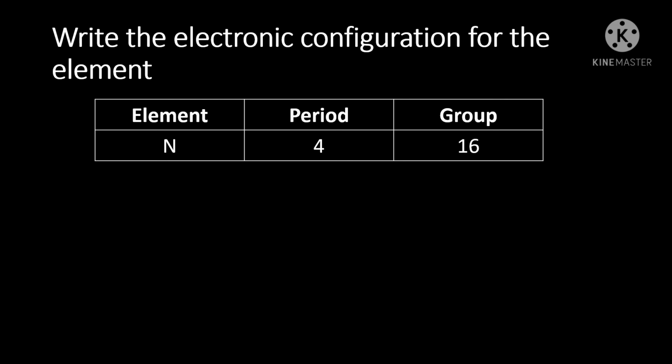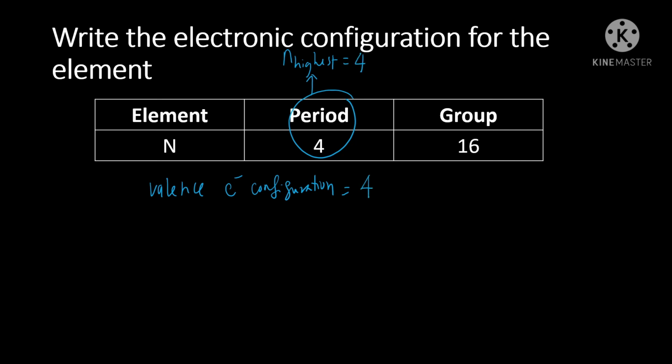So again, first we start with the valence electronic configuration. This element is in period 4. Therefore, its highest principal quantum number is 4, so the valence electronic configuration should start with 4. And this element is in group 16, therefore it is a p block element and has 6 valence electrons.